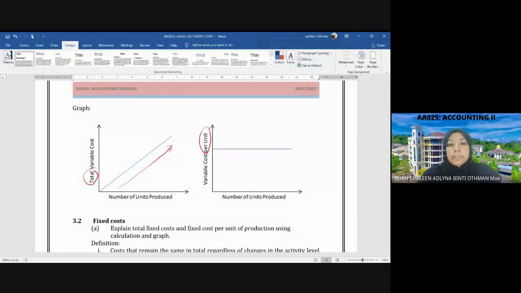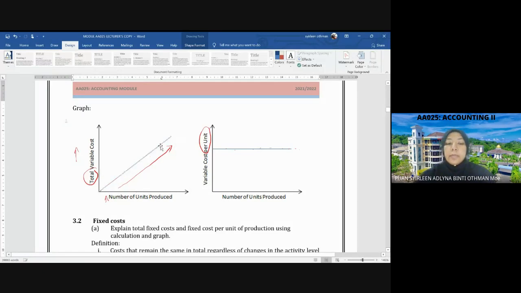So contoh kalau macam ni RM1 tadi, so bila berapa you keluarkan pun tak ada masalah sebab variable cost per unit dia kekal, nilai dia RM1. Okay, tapi kalau dalam bentuk cost, bila you increase the number of unit produced, automatically the total of variable cost will also increase. So you'll get this type of graph.